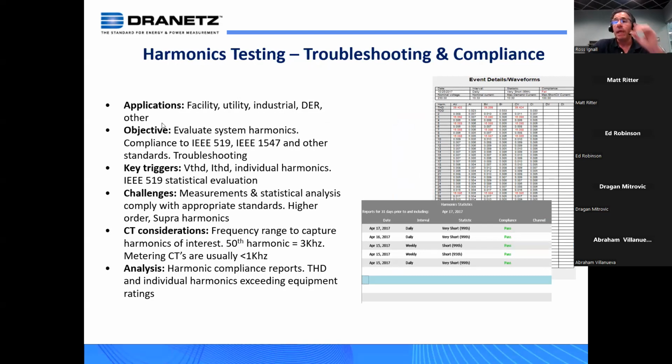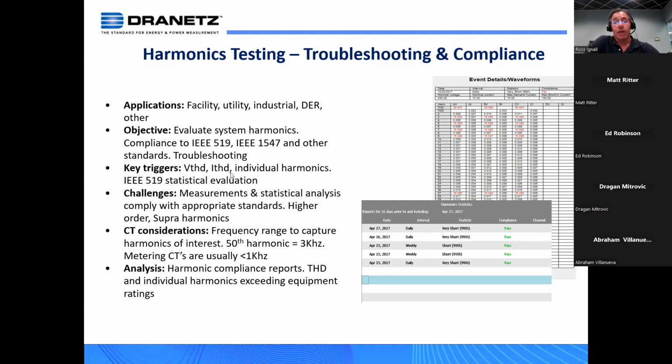The objective is evaluating the system harmonics. In the United States, that's for compliance with IEEE 519, usually version 2014 or higher, and also maybe IEEE 1547, which is an IEEE standard looking at the interconnect of DER systems, solar farms, wind farms, et cetera, to the grid. And this 1547 calls out other things.